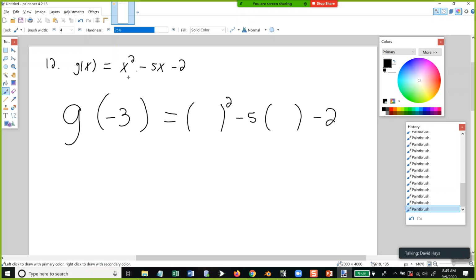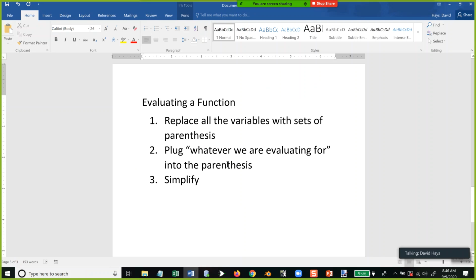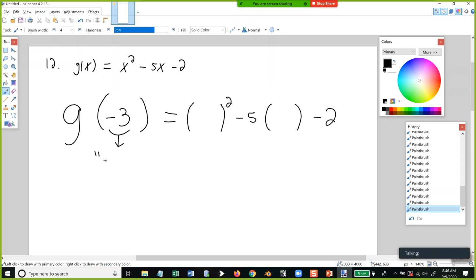Only thing we did was replace the x's with sets of parentheses. Now whatever is inside the parentheses right here is what I'm referring to when I say whatever we are evaluating for.